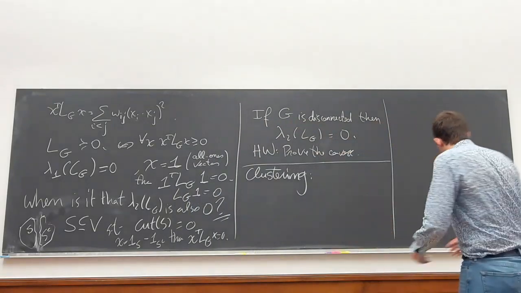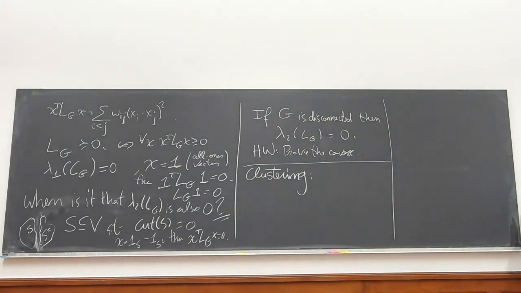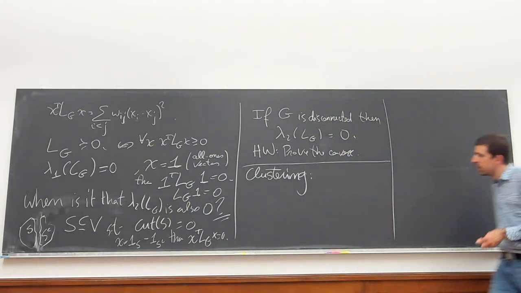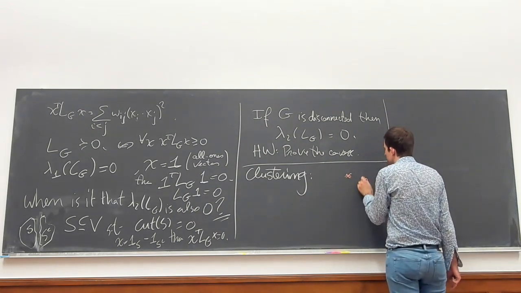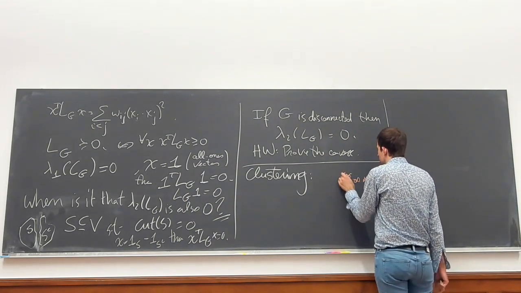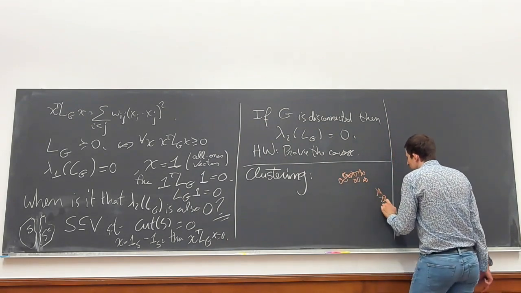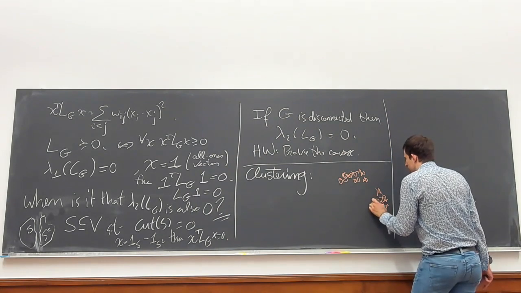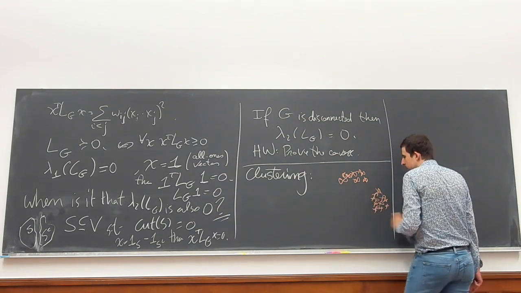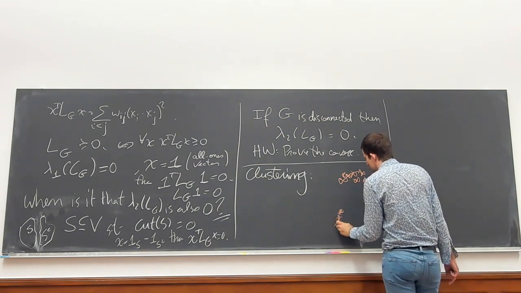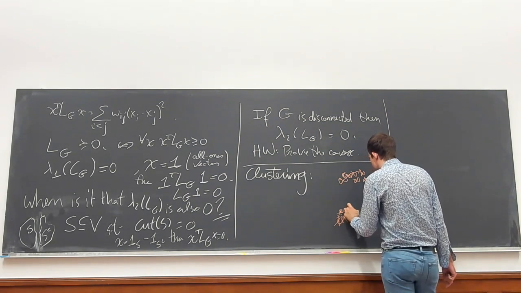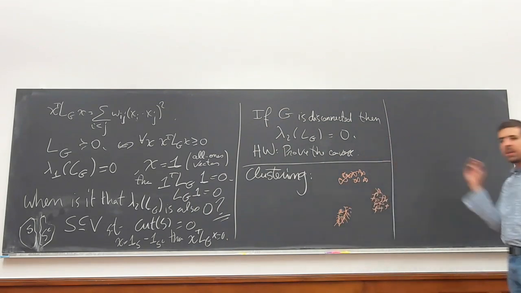So let's draw a picture, just take an example. Let's say I have data that looks like this. So we get data like this.